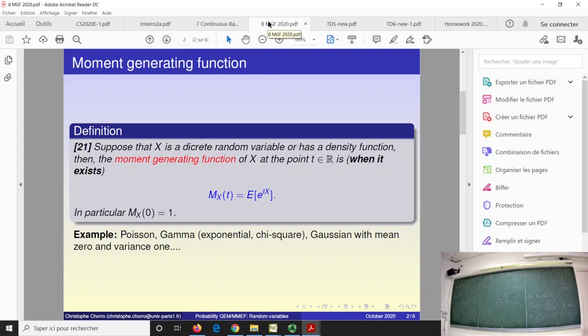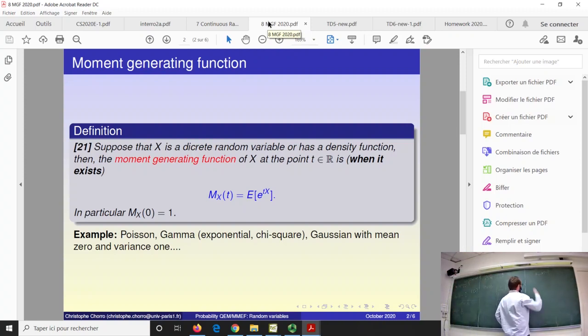So are you okay with what I have done here? Let's do the same for the Gaussian N(0,1). At this stage, computing a moment generating function is just a little exercise concerning integrals, once again, or sums.